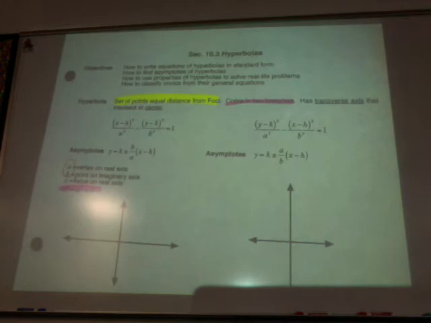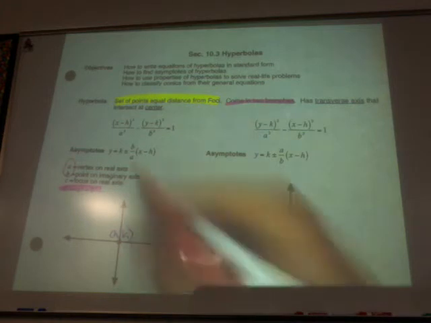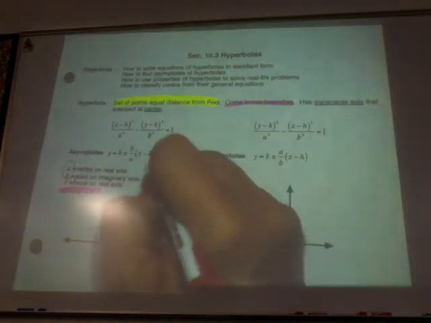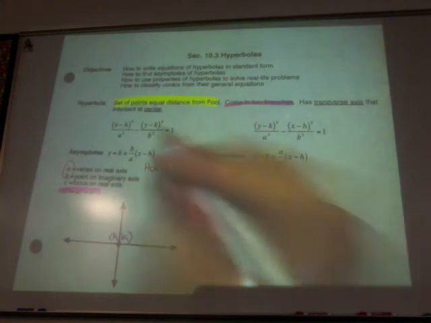All right, so let's assume for chuckle's sake that our center is right here. Call that HK, just like it has been. That hasn't changed. And I'm going to put on this one a horizontal transverse axis.